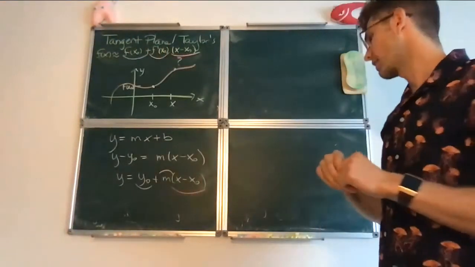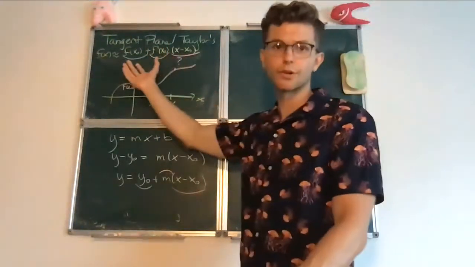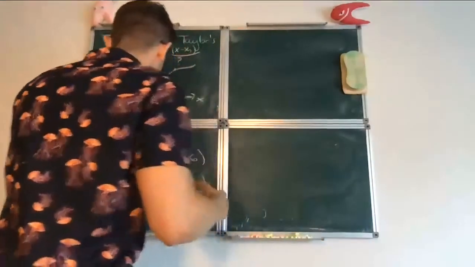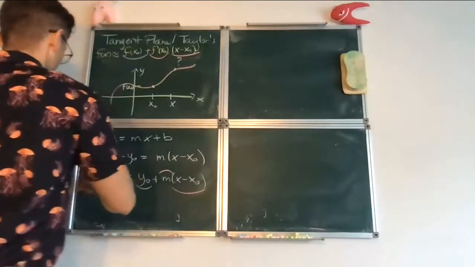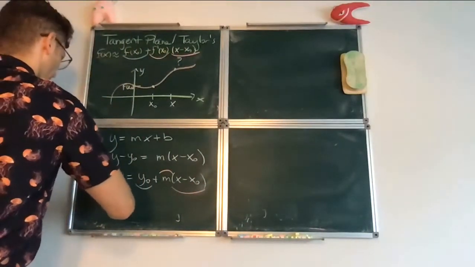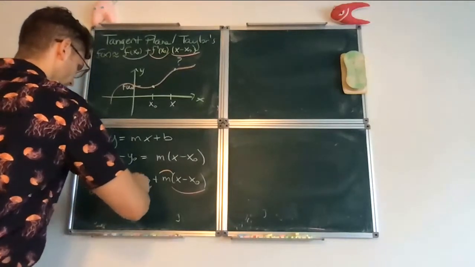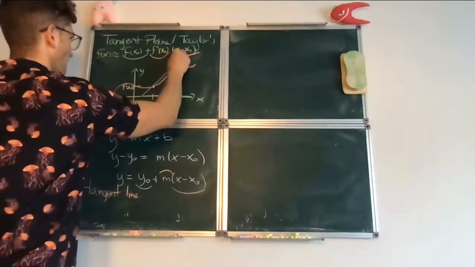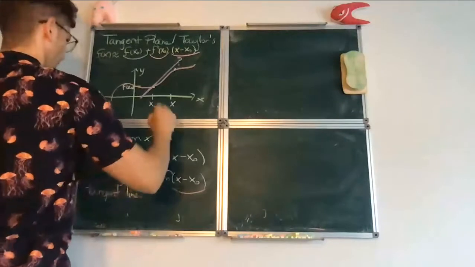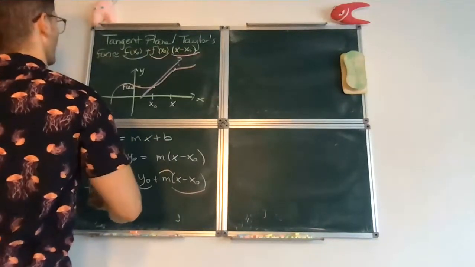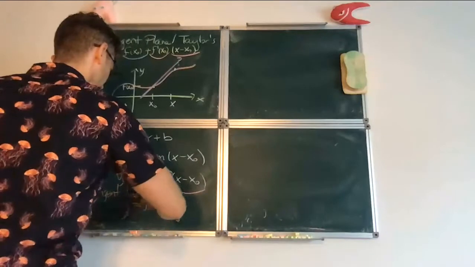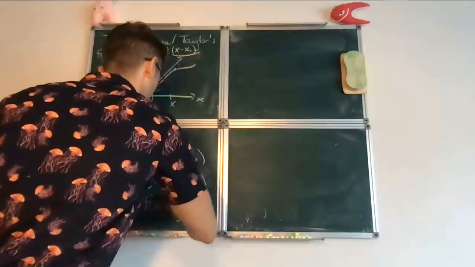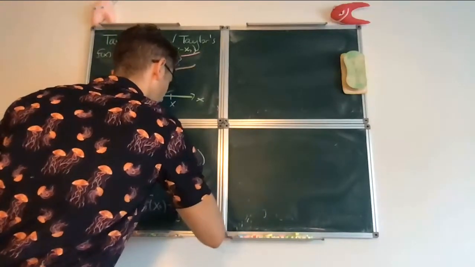In other words, just from the first order Taylor approximation, you would infer that the equation for the tangent line, meaning this equation, should be y equals f of x naught plus f prime of x naught times x minus x naught.